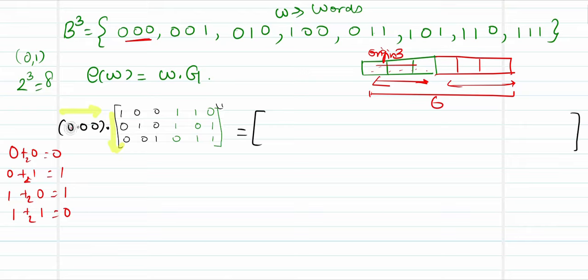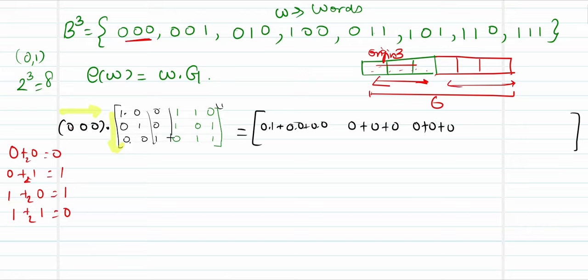0 into 1, 0 into 0, 0 into 0, this gives my first element. 0 into 0 is 0, 0 into 1 is 0, 0 into 0 is 0. Next element, I move to column number 3: 0 zeros are 0, 0 zeros are 0, 0 ones are 0.